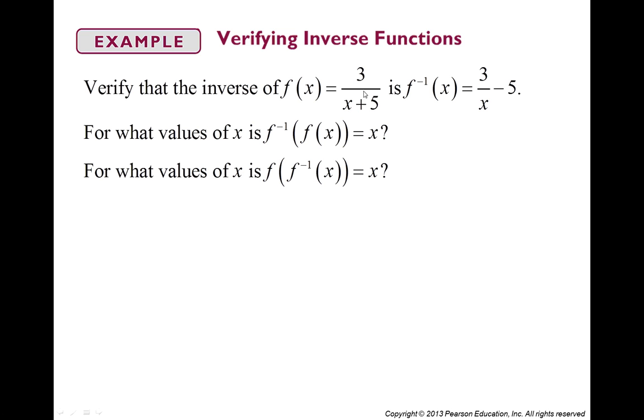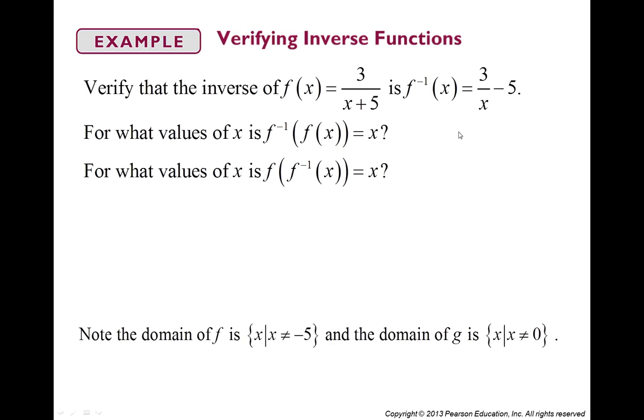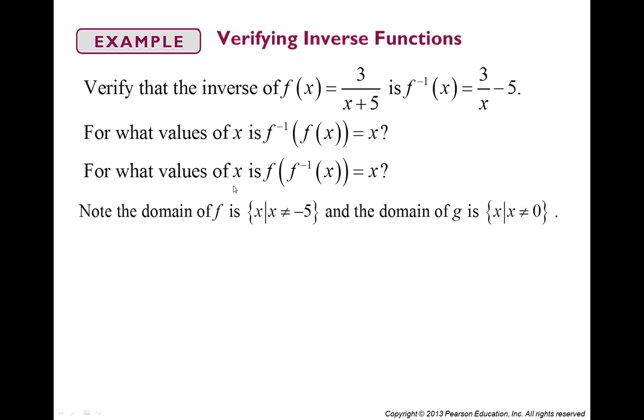Okay, so we're going to verify that these are inverses, 3 over x plus 5 and 3 over x minus 5. When I plug in, we have to note x cannot equal -5, nor can it equal 0, because that is not in the domain of our function.